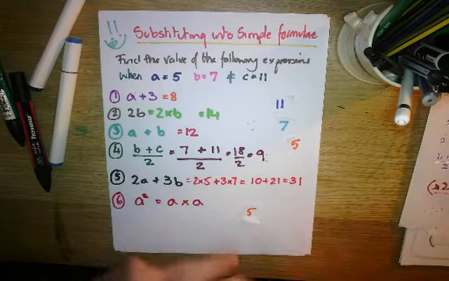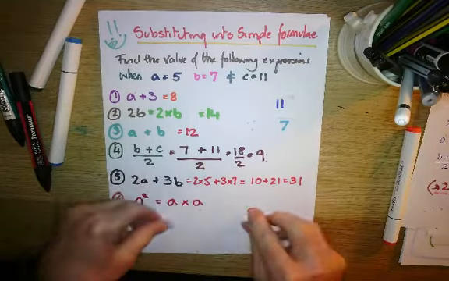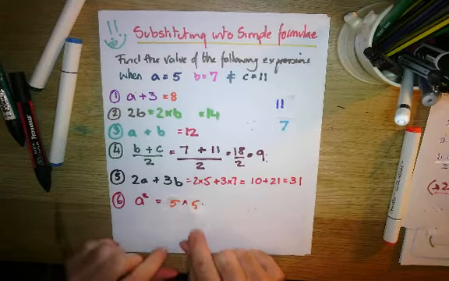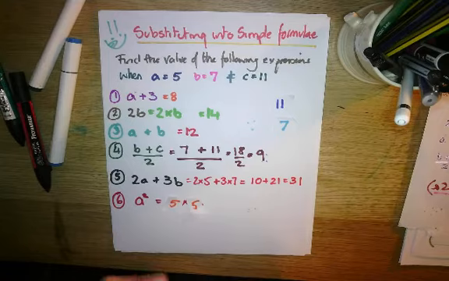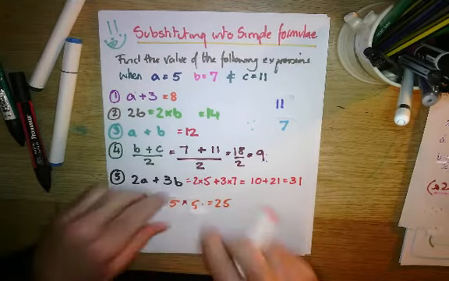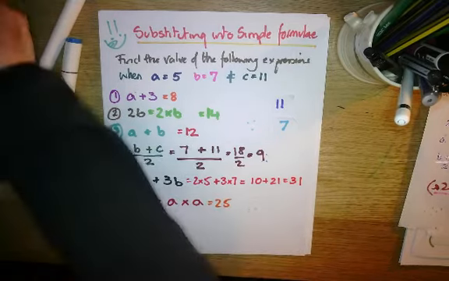I think this is the same colour. So I'm doing A times A. So A times A, 5 times 5, 25. And that's what the A squared means.